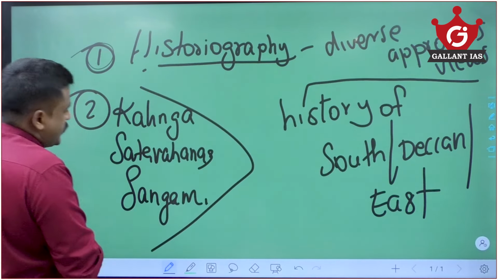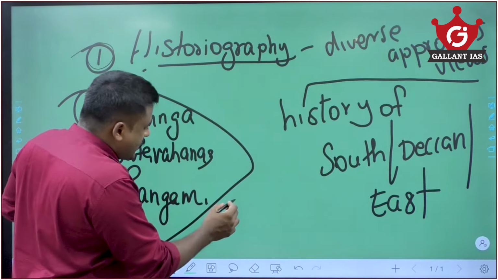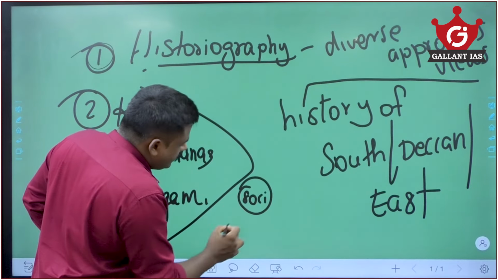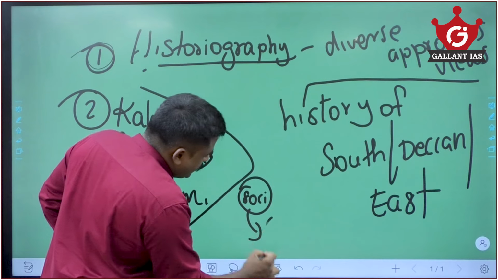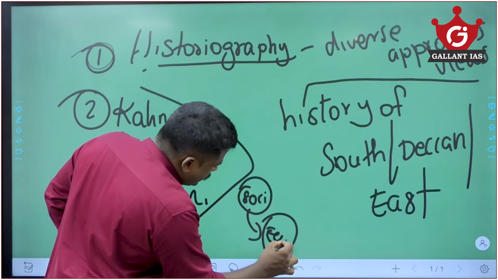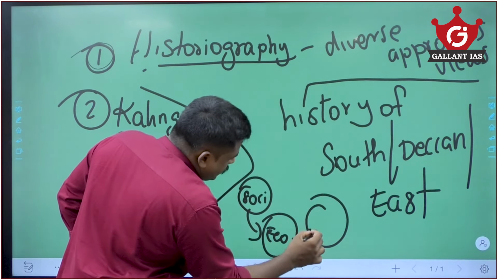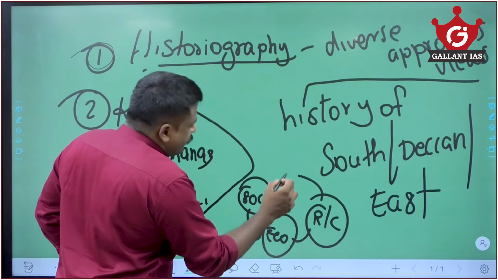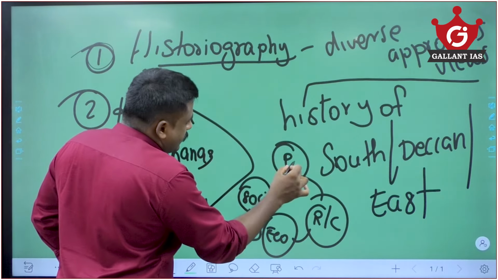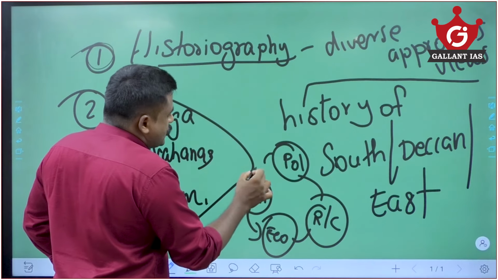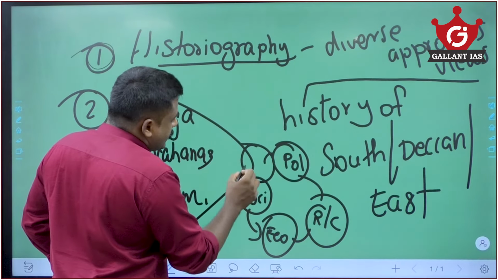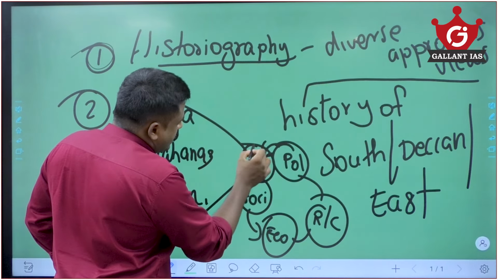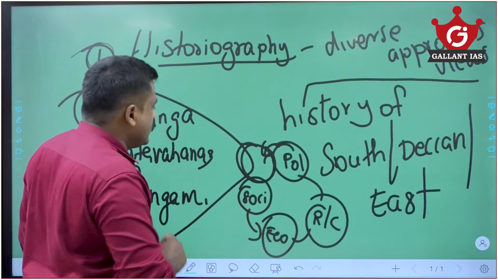When you cover the history, you try to understand, we must go for society, we must go for economy, religion and culture, polity.